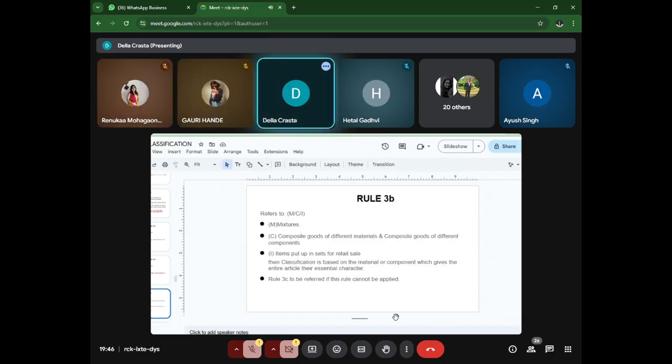Okay. Now, if we have a situation where either both of them are specifically described or there is no specific description at all, everywhere it's all generally described, then we cannot apply 3A. Then we will have to go to rule 3B.